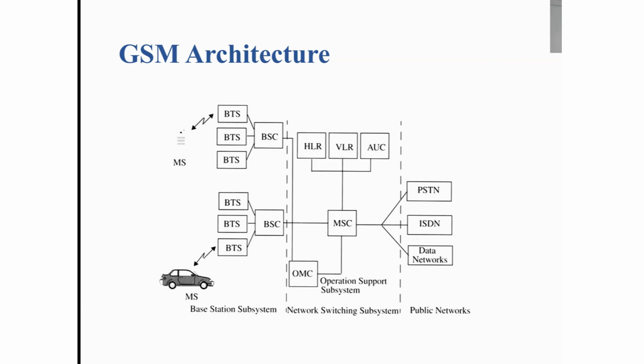So when we are moving from one location to another, one cell tower to another cell tower, based on their signal strength the call will be connected to the nearer cell tower. If you are moving in the middle of two cell towers, it will look at the signal strength from both cell towers. Whichever is higher, it will connect the call to that nearer cell tower. That mechanism, that process, is called handover.